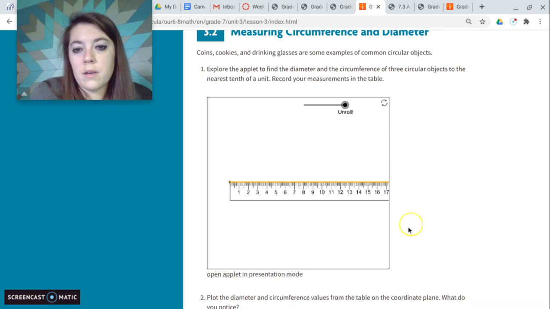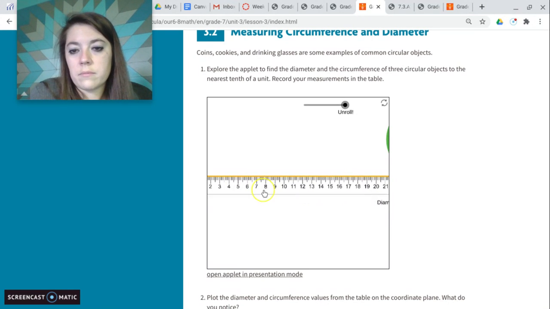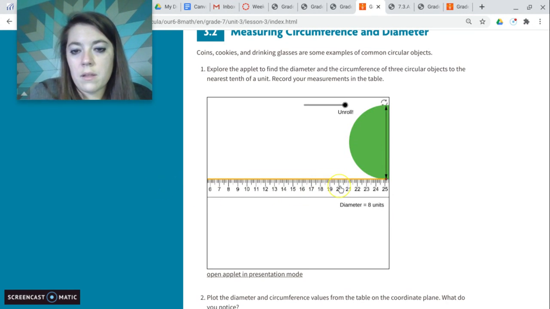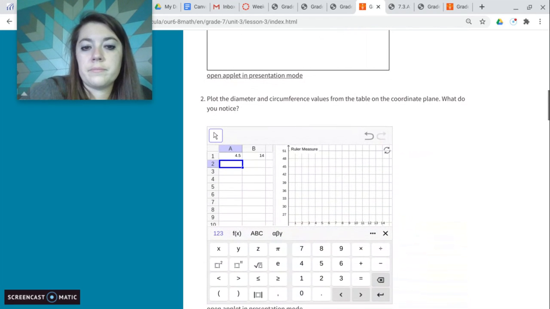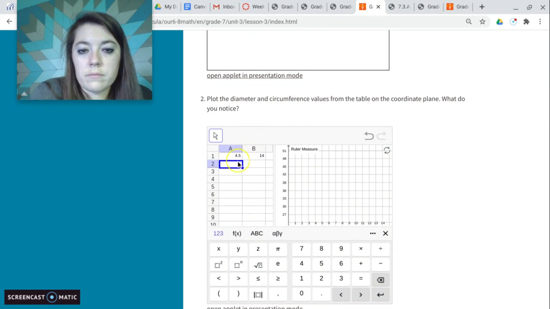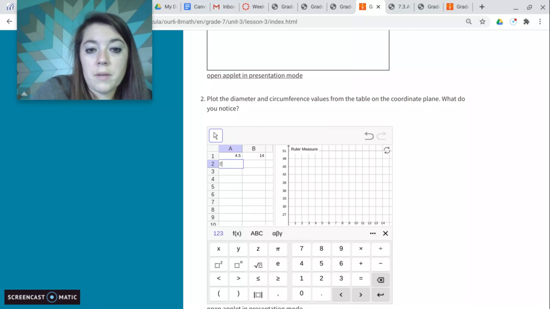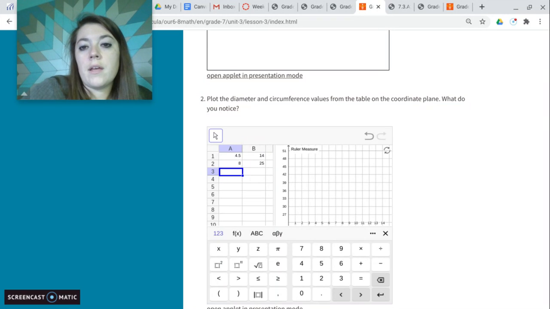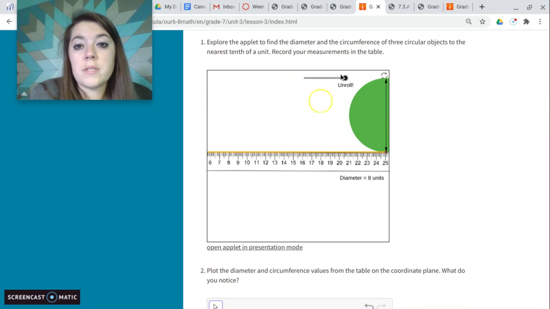Maybe we can see where it ends up at. It's going to end up all the way over here at about 25. So 8 and 25.